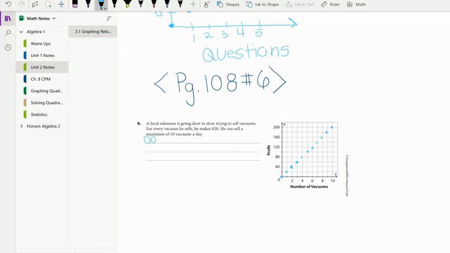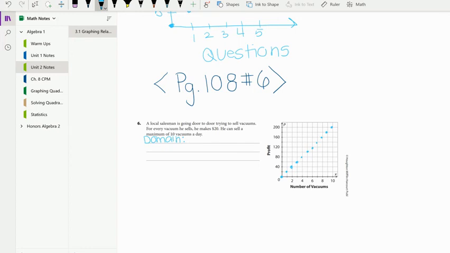So what this actually wanted us to do, which I cut off, is find the domain and range. So domain is all possible X values. So let's kind of think about this. Can we say it's just between 0 and 10? If we did that, that would mean that I can have different amounts of vacuums, like 5.5 vacuums, which is not true.